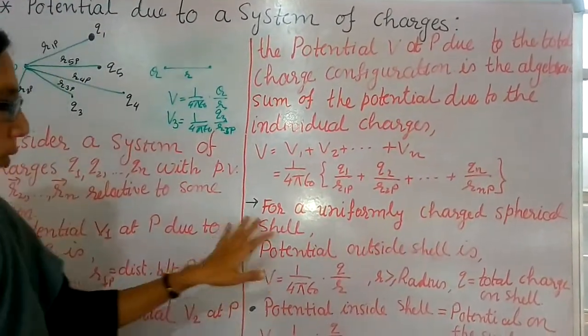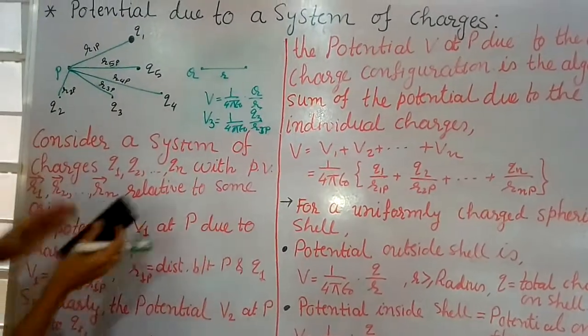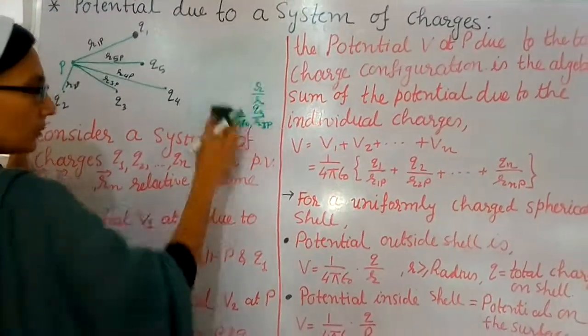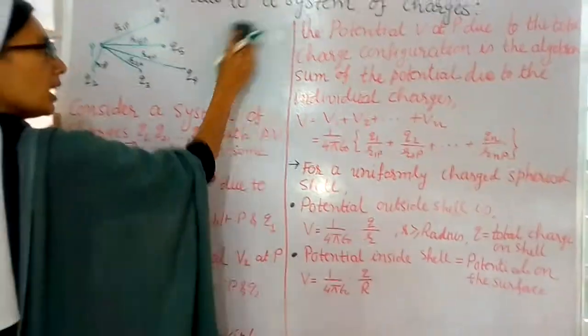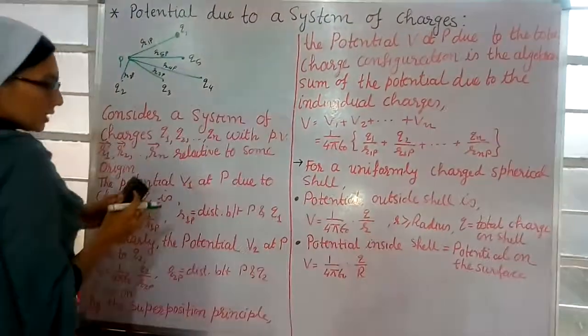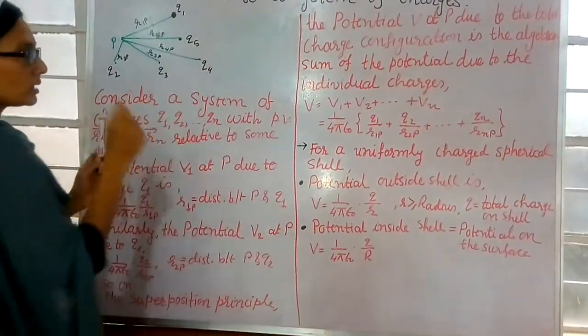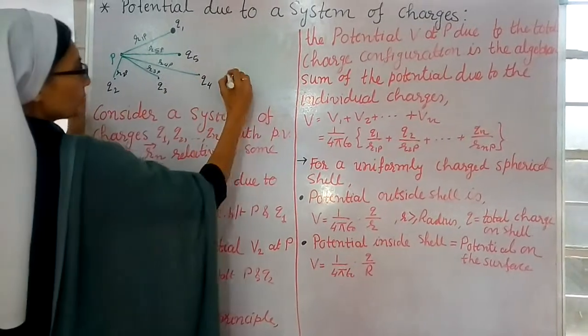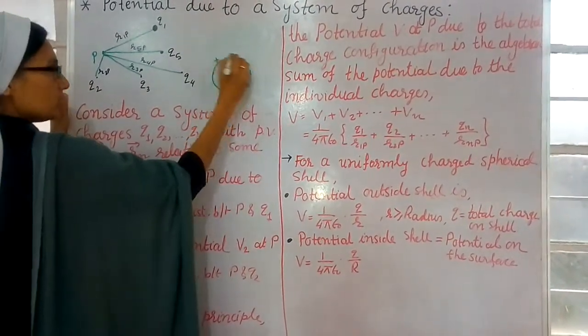Now, let's check the potential because of a charged spherical shell. We learned in the last chapter on electric field and charges that the electric field outside the charged shell is as if all the charge is concentrated at the center. Suppose this is my spherical shell with charge Q on it.